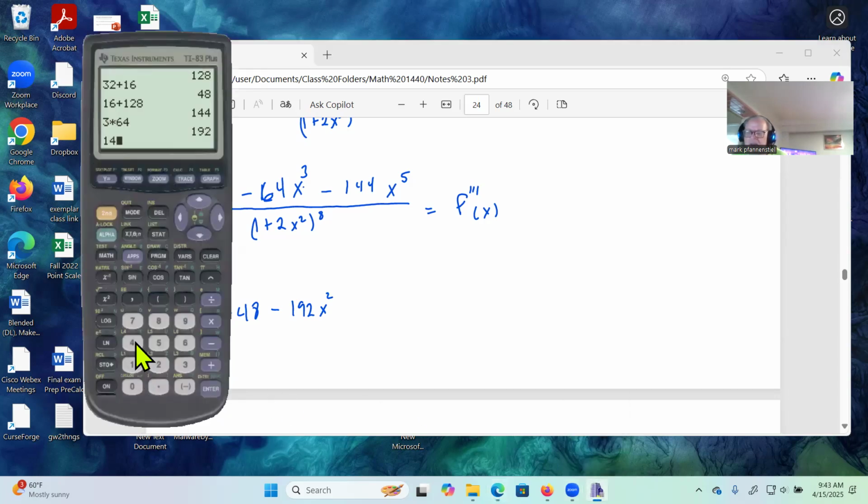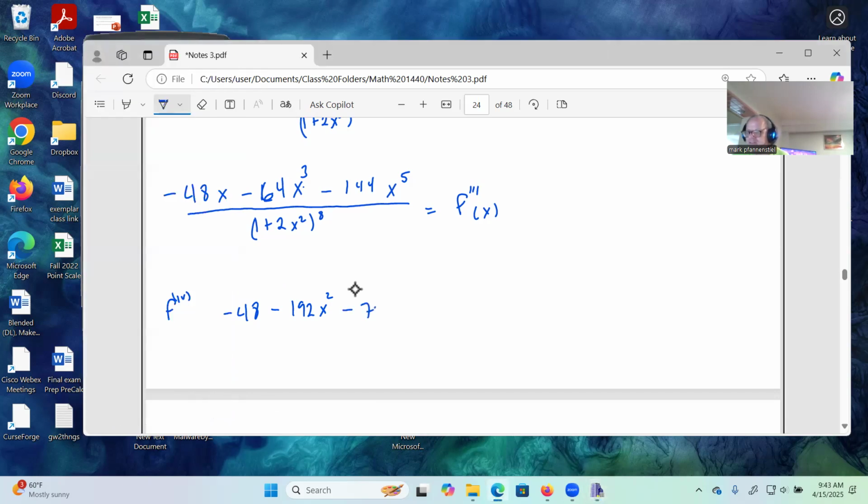Okay. Times 5 equals. So I got 720 for that. That's interesting. Okay, so that's going to be minus 720 x to the fourth. So that's derivative of the top times the bottom. So that's 1 plus 2x squared raised to the eighth power.